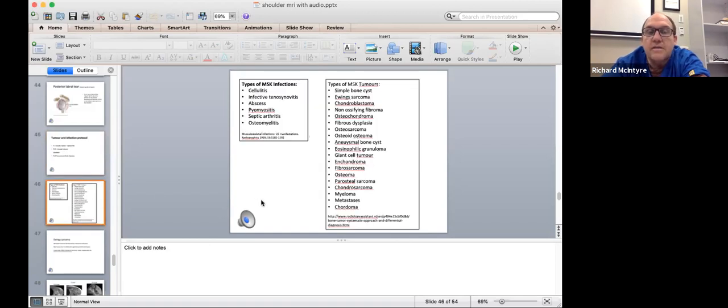Okay, there's a list of MSK infections and tumours that we can have. You don't need to know all those, that's just an example of what sort of pathology there is in the body and in the MSK. Obviously, there's a lot of different types of tumours. They're commonly found in different places.